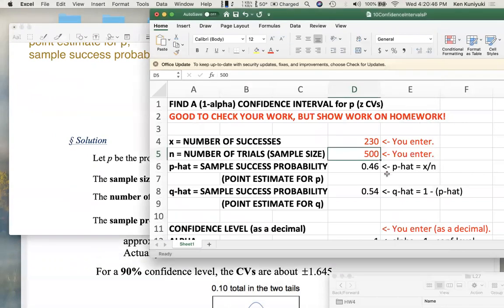Let's go to our Excel spreadsheet here. Okay, well, I've already input the formula to get p-hat, that's x over n. It's the D4 cell over the D5 cell. It's x over n. I've already entered the formula in. Excel verifies, yes, it's exactly 0.460. It's exactly 46%. Right.